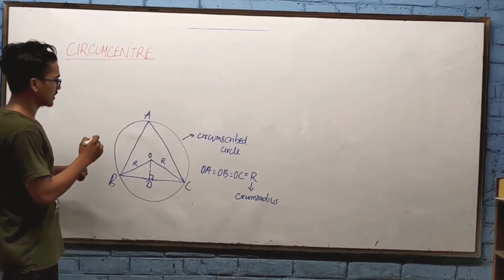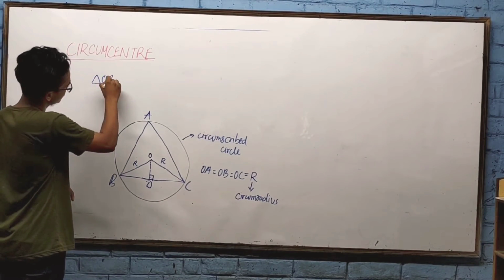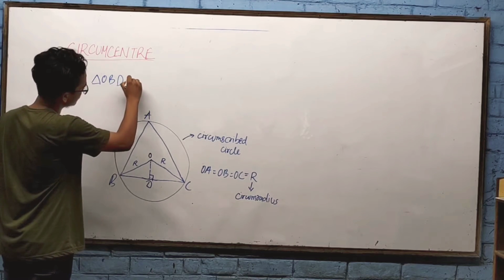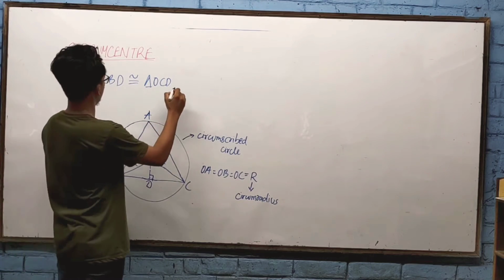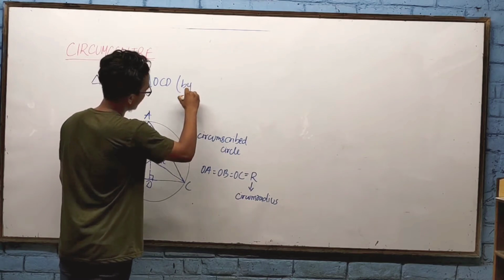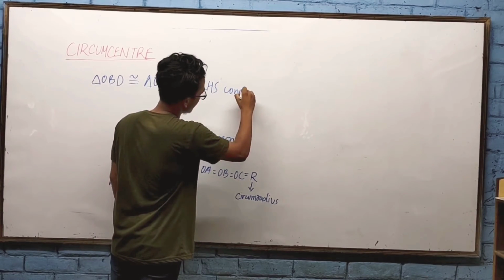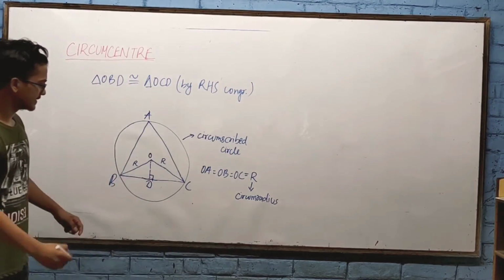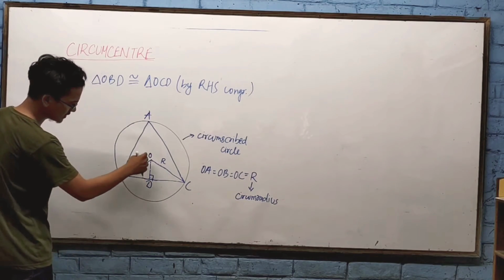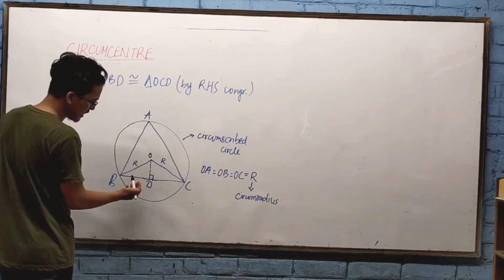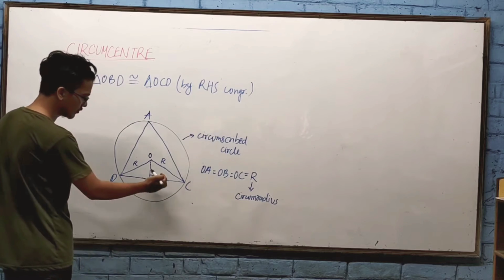So we just saw that triangle OBD was congruent to triangle OCD by RHS congruency. Since OB was equal to OC, the hypotenuse, OD was equal to OD, of course, the common side, and angle ODB was equal to angle ODC equals 90 degrees.